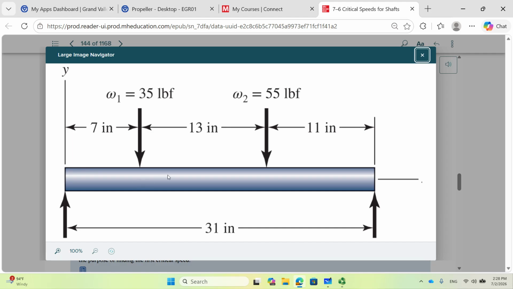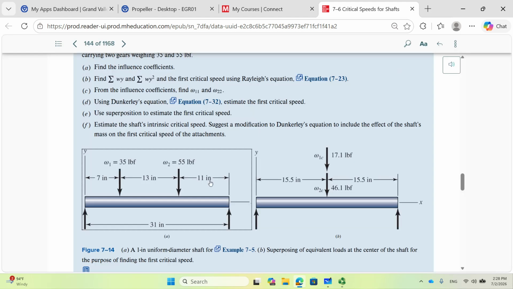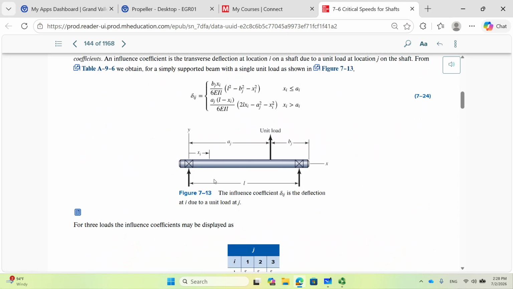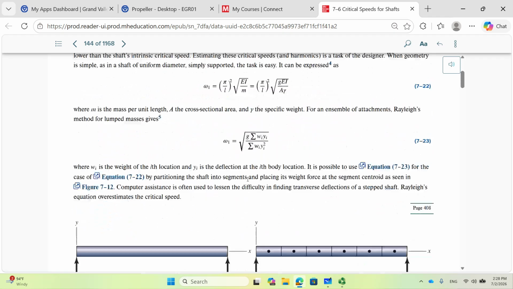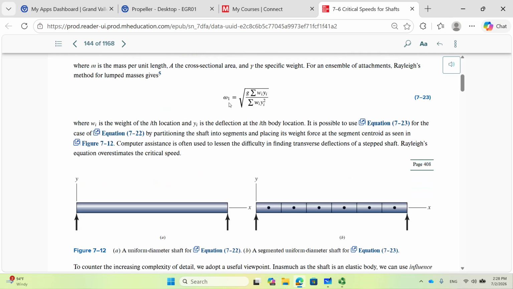So Y1 is the deformation of the shaft where the first gear sits, and Y2 is the deformation of the shaft where the second gear sits. If I calculate those Y1 and Y2, they go into this formula, and then we can find the first natural frequency, and it's going to be in radians per second.